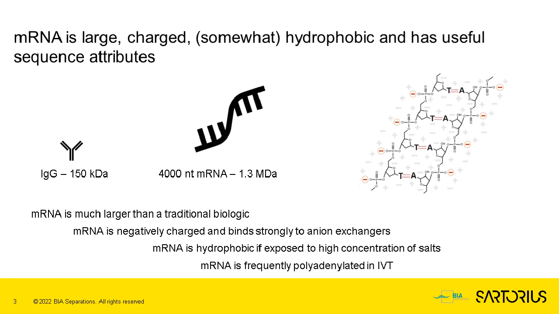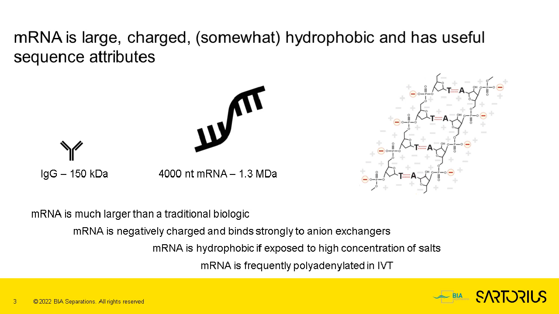So our task today is to produce and purify mRNA drug substance rather than consider its in vivo properties. So we like to consider things like size, charge, and any affinities that RNA would have.